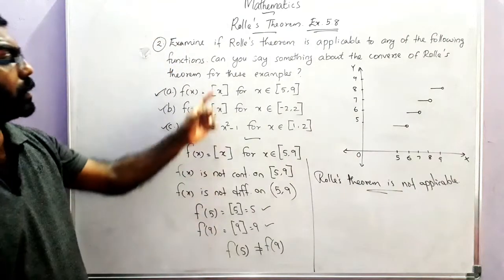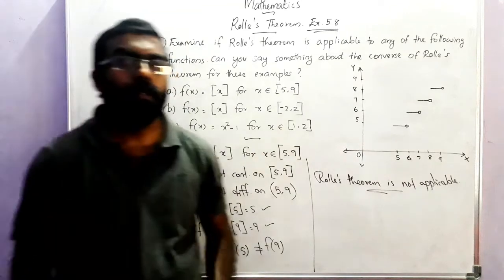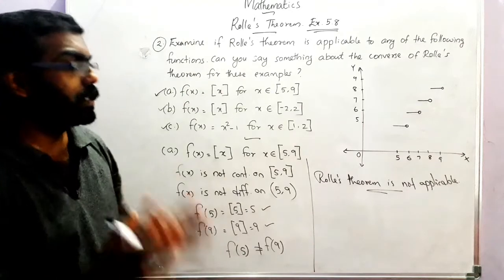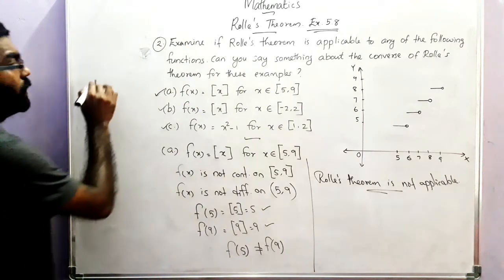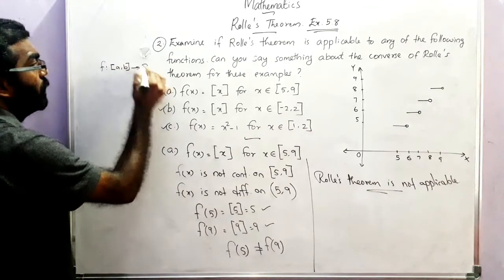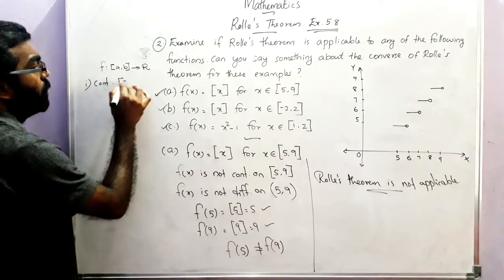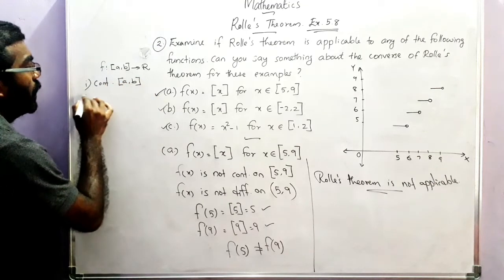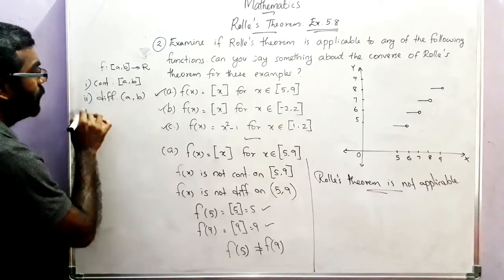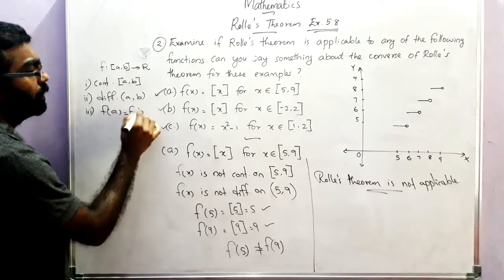Now there is one more sub question. Can you say something about the converse of Rolle's theorem? So first of all, let us discuss what the converse of Rolle's theorem is. Rolle's theorem states that a function f from closed interval [a, b] to R, first, be continuous on closed interval [a, b], then second, differentiable on open interval (a, b), and third, f of a is equal to f of b.